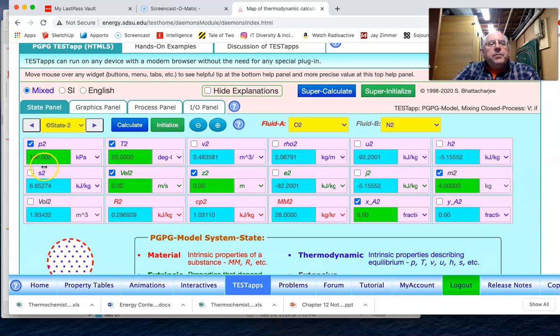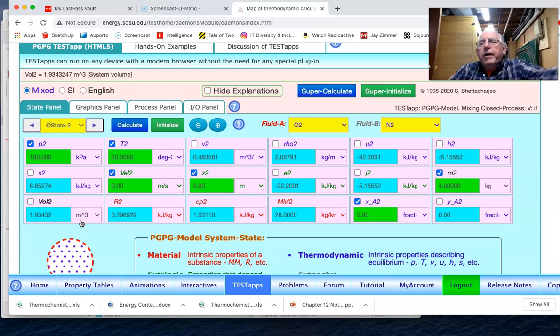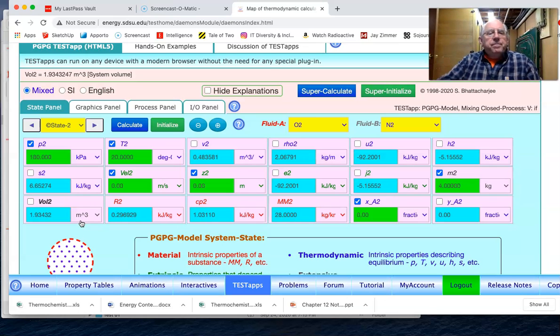Under that temperature and pressure, 4 kilograms of nitrogen would occupy about 1.93 cubic meters of volume. So we have our initial states for our two substances that are initially separated.